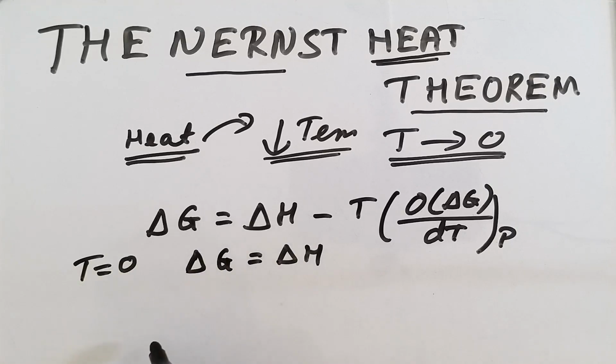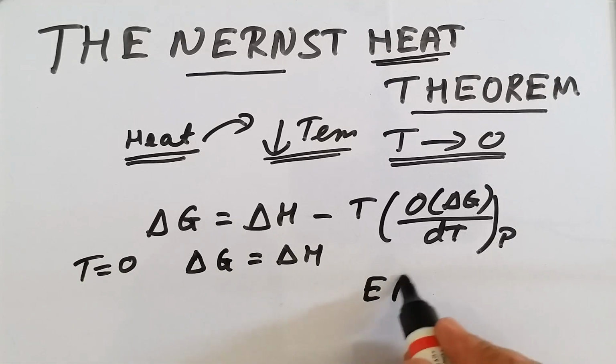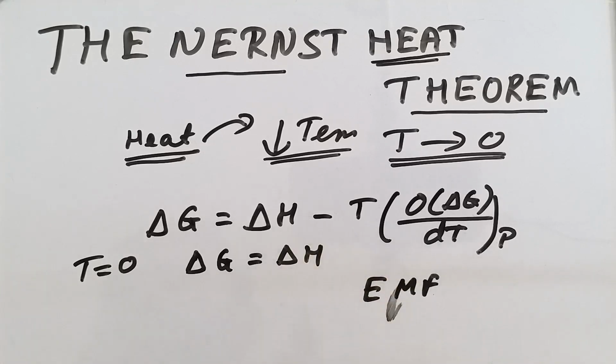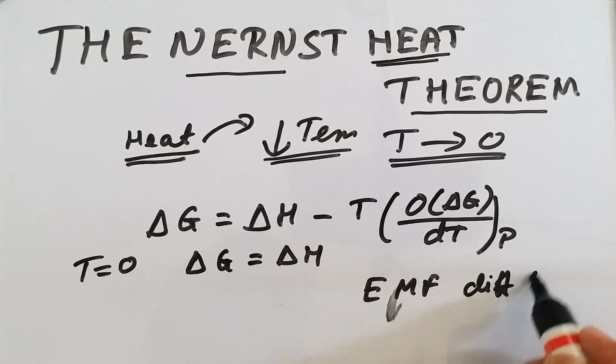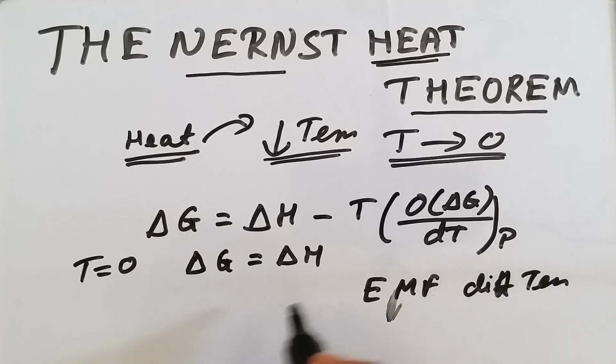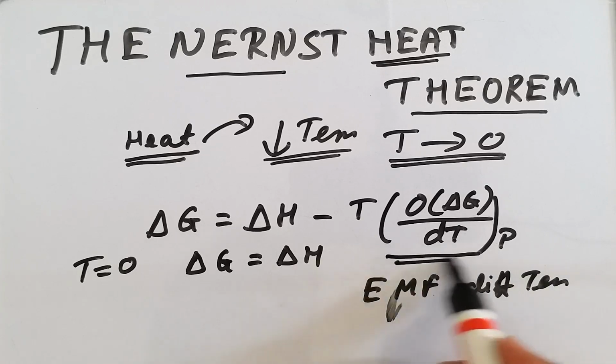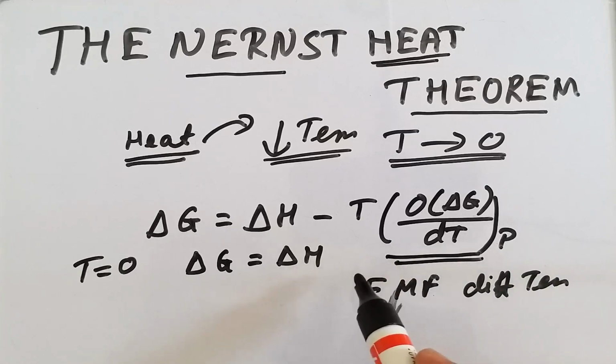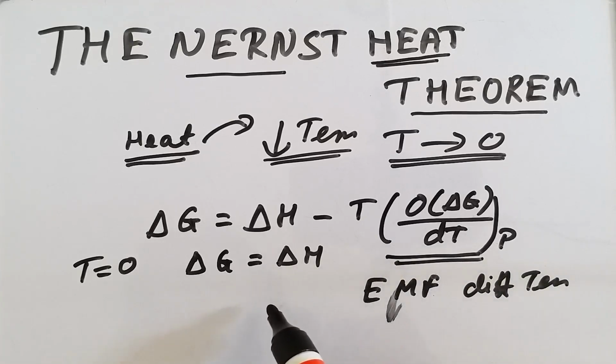Now Richards calculated the EMF values of different cells at different temperatures, and he observed that the value of the Gibbs function decreases as the temperature is decreased.